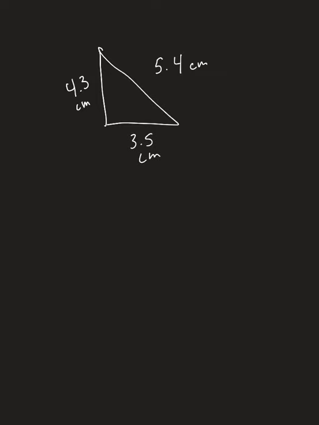Now, I have everything I need here. If you look, it says 4.3 centimeters, 3.5. That means they're all different. So this is a scalene triangle. It also is going to be, if I look at my angles, I know that this is 90 degrees, which is a right angle.